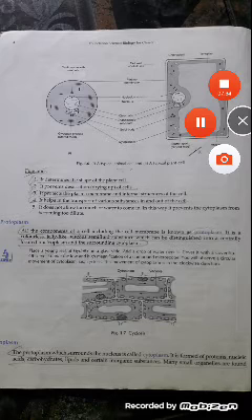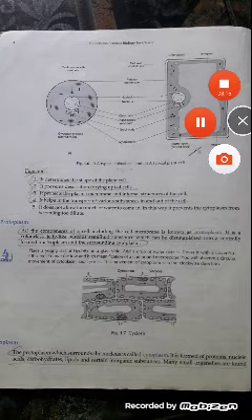Endoplasmic reticulum is of two types: rough endoplasmic reticulum and smooth endoplasmic reticulum. Accordingly, we write RER and SER, that is, R for rough endoplasmic reticulum and S for smooth endoplasmic reticulum. Ribosomes are attached to it. If ribosomes are attached to it, the reticulum is rough, otherwise it is smooth.